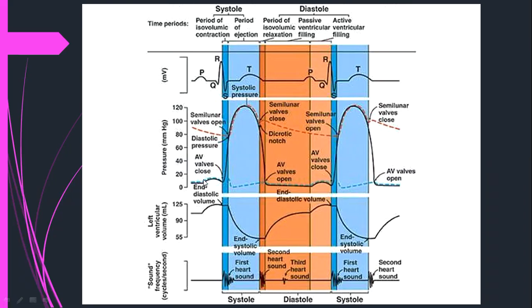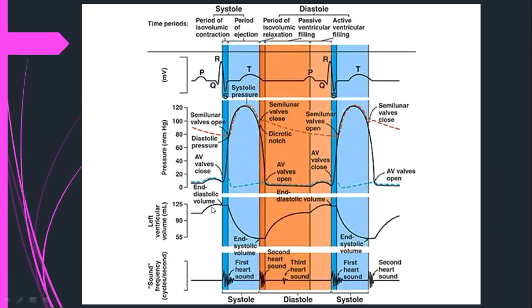During the atrial contraction, the pressure will push the blood into the left ventricle, and you are able to see an increment of volume in the left ventricle.